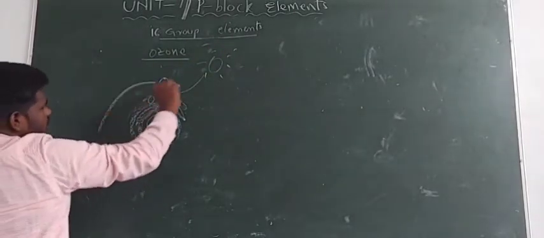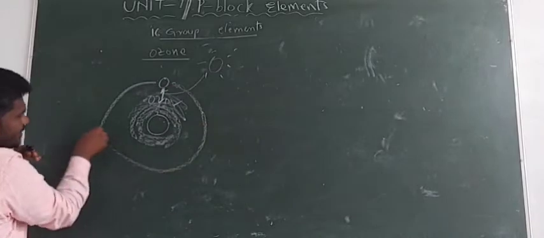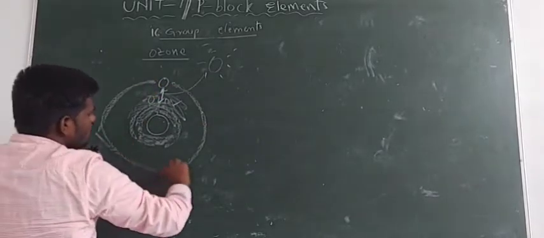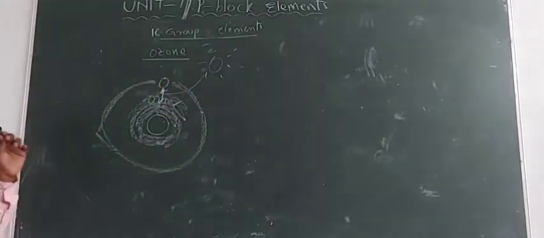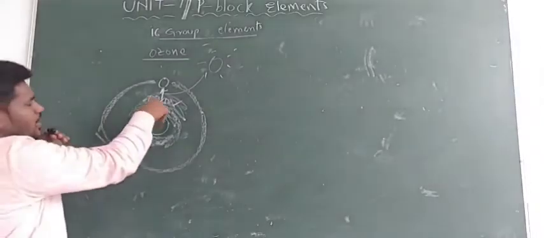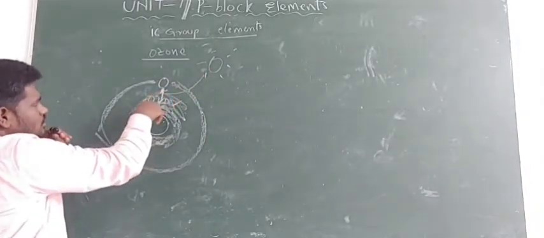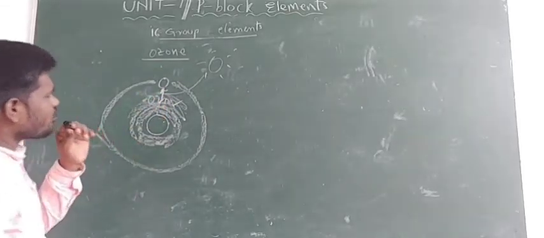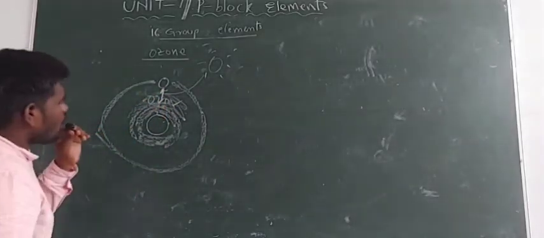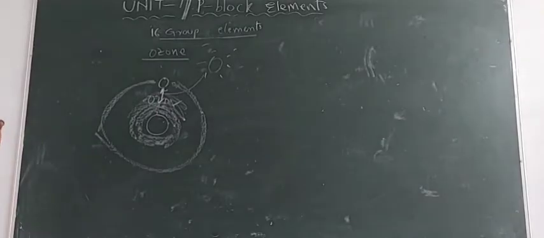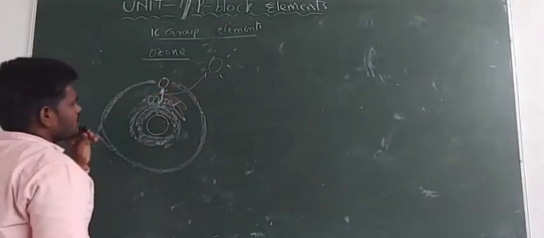So now here the ozone layer is present. This ozone layer is formed due to the conversion of the oxygen at 20 kilometers height in the presence of sunlight.